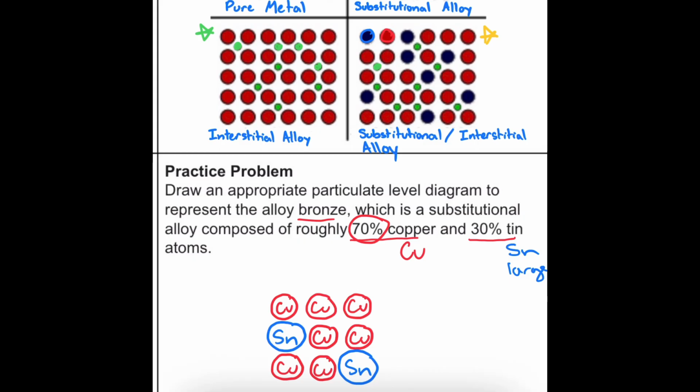But this is totally fine. You have represented your size of your particles, so the tin ones were just a little bit larger than the coppers. You have approximately the correct percent difference between your copper and your tin atoms, and they are oriented correctly. In this case, it does not ask us to represent the electrons at all.